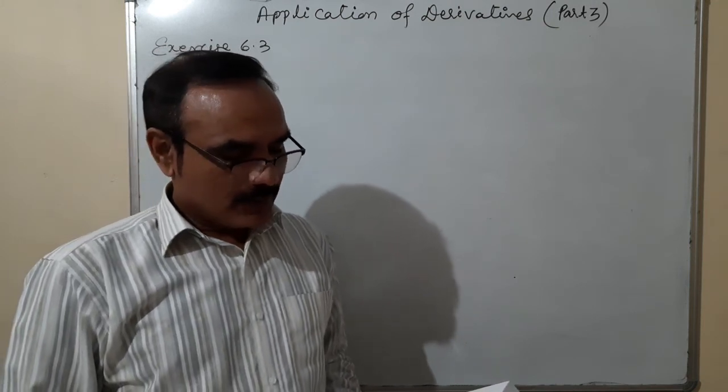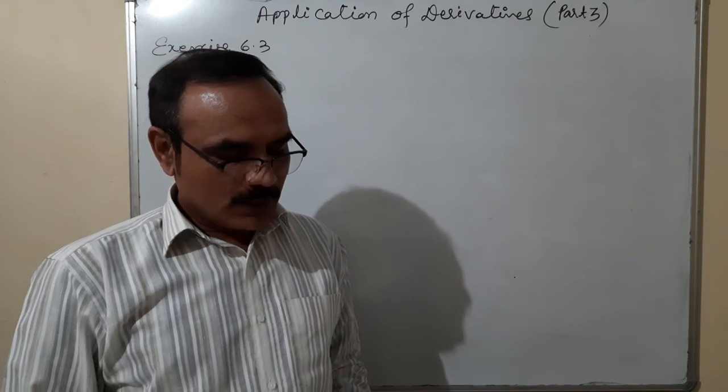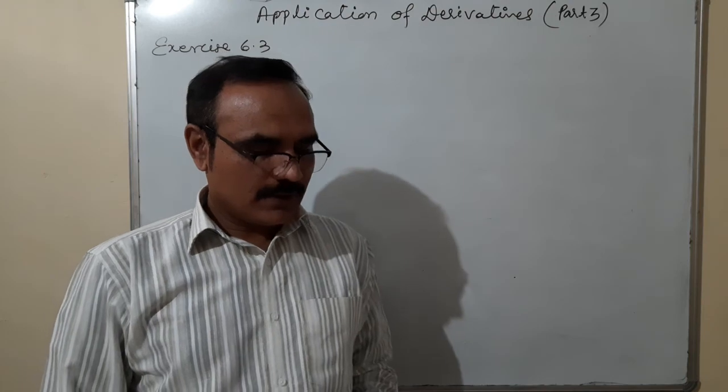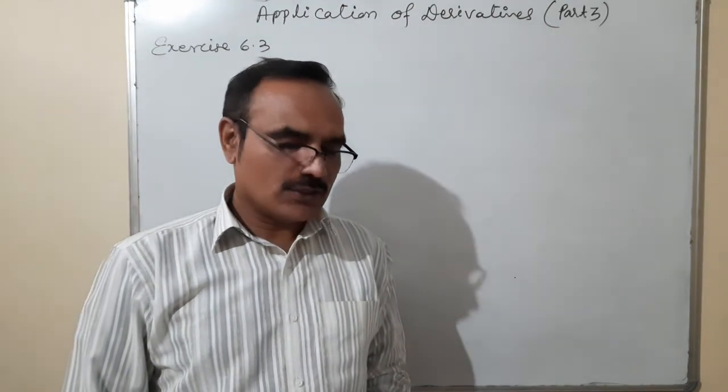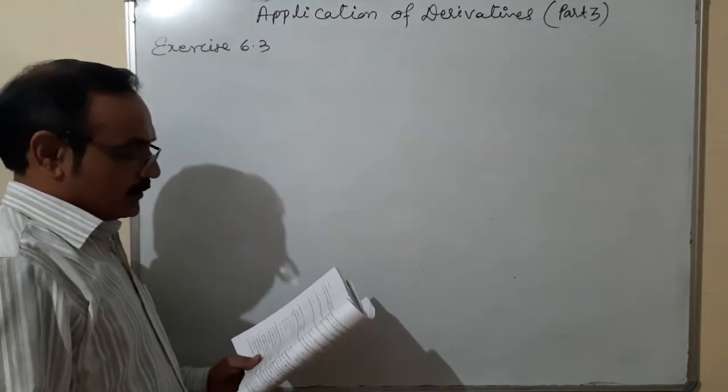Okay. Here from question number 14 I am taking a question: find the equations of the tangent and normal to the given curves at the indicated point. This question I am solving, question number 14, taking any one of the parts.